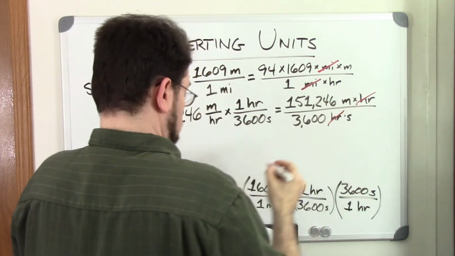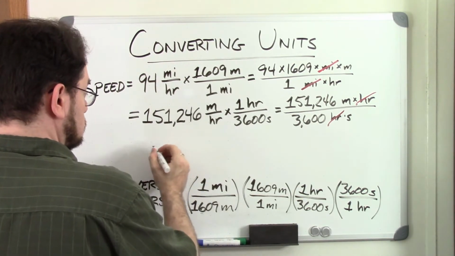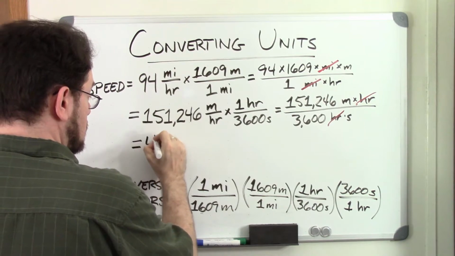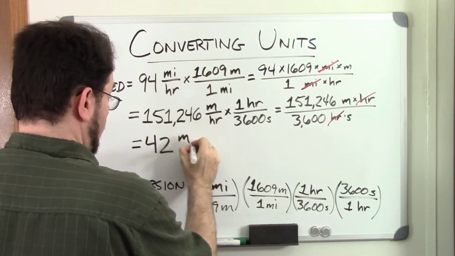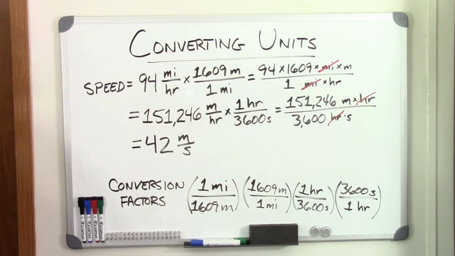Since we have hours both on the top and bottom of the fraction, the hours cancel out, and we get 94 miles per hour equals 42 meters per second. So a 94 mile per hour fastball travels at 42 meters per second.